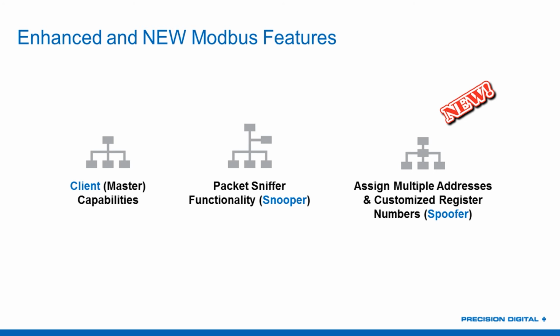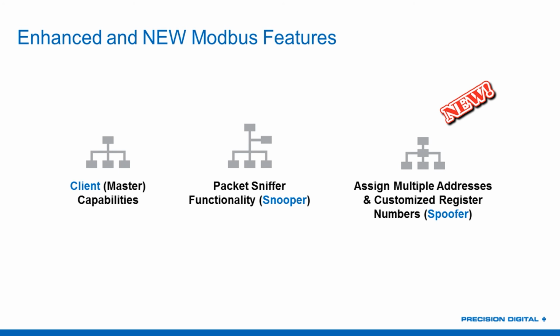And as you can see in here, you can assign multiple addresses and customize register numbers. That might not make a whole lot of sense right now, but I'll hopefully be able to explain what that means with another analogy. So again, these are just some enhanced and new Modbus modes that we're going to take a look at.